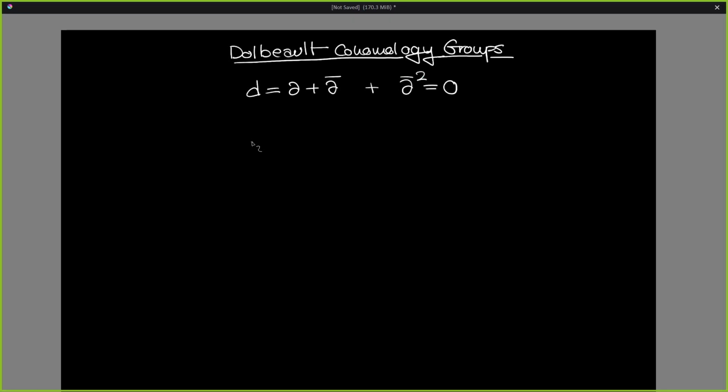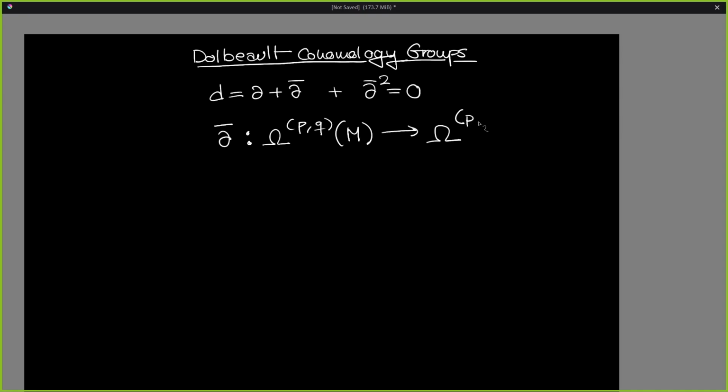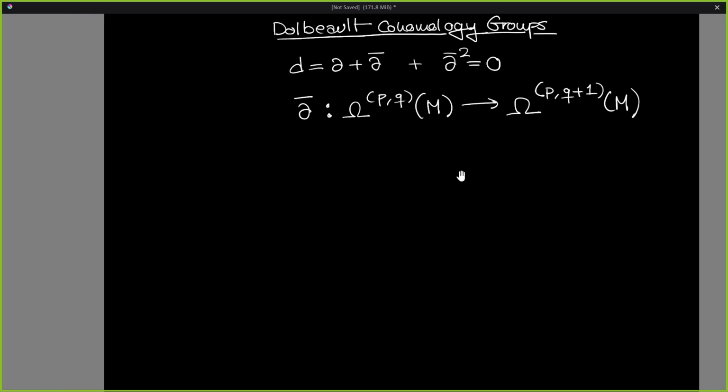As a reminder, partial bar is a map that takes omega^{p,q} on M to omega^{p,q+1} on M. Since partial bar doesn't change the holomorphic grade, we're going to analyze the cohomology groups by keeping p constant.